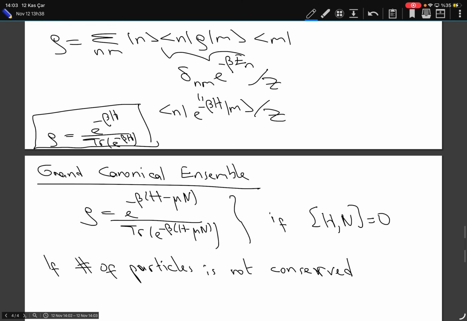Just like beta, we had to introduce it to fix the average energy of my ensemble. Mu we had to introduce to fix the average number of particles. But if the number of particles is not fixed, like in the photon gas, we will study the photon gas also, or the phonon gas, in that case mu is actually 0. So again, even if h and n do not commute, rho is still given by this expression, and it commutes with the Hamiltonian mainly because mu is 0.